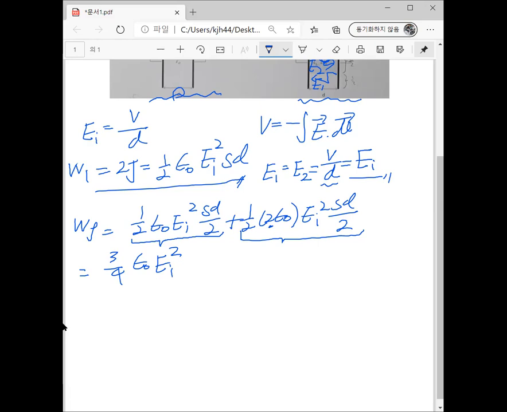So if you look at the ratio between energy stored in the final state and initial state, we have this equation for each situation, so that's going to help us further simplify the situation.